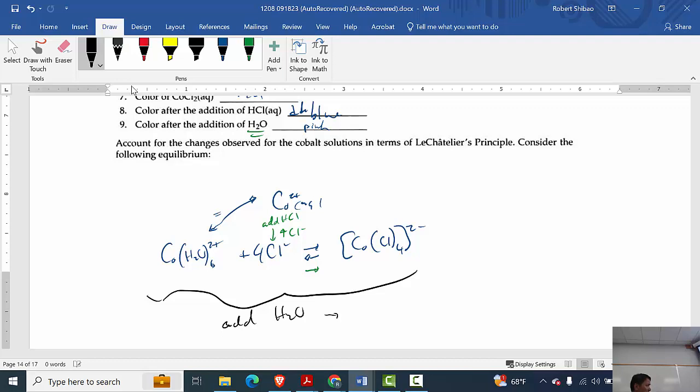Everything's diluted. Reactants and products are diluted. But due to the difference in solute species here, the dilution is going to have a larger impact on the reactants than on the product.